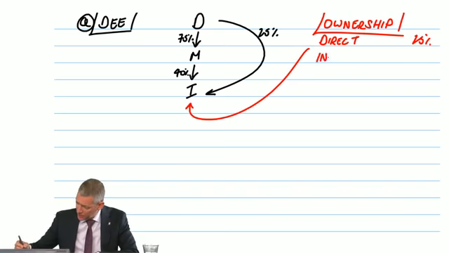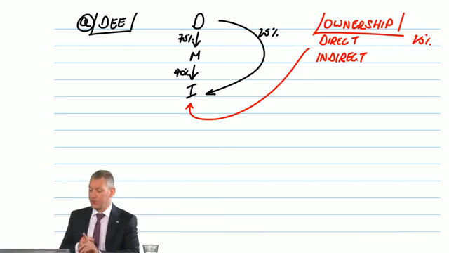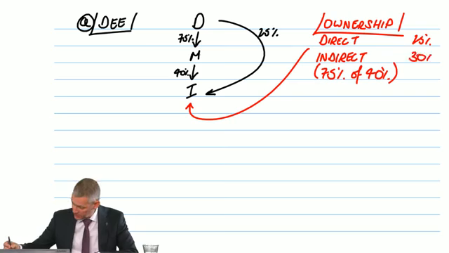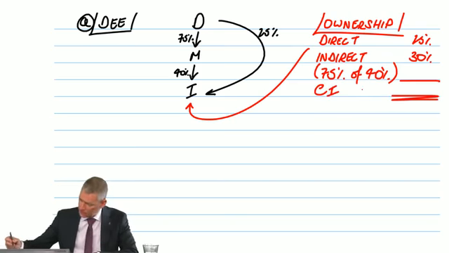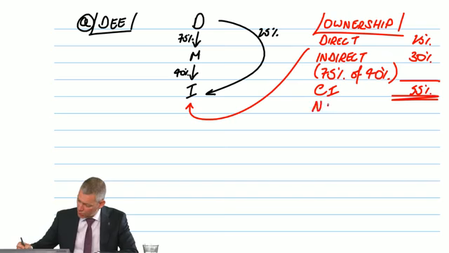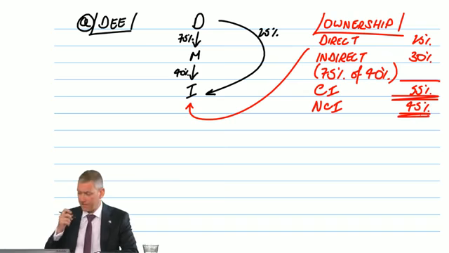The indirect ownership is the ownership of D in I through M. It's the 75% of 40%. It's 30%. And that gives a controlling interest of 55% and a non-controlling interest of the other 45%. There we go.